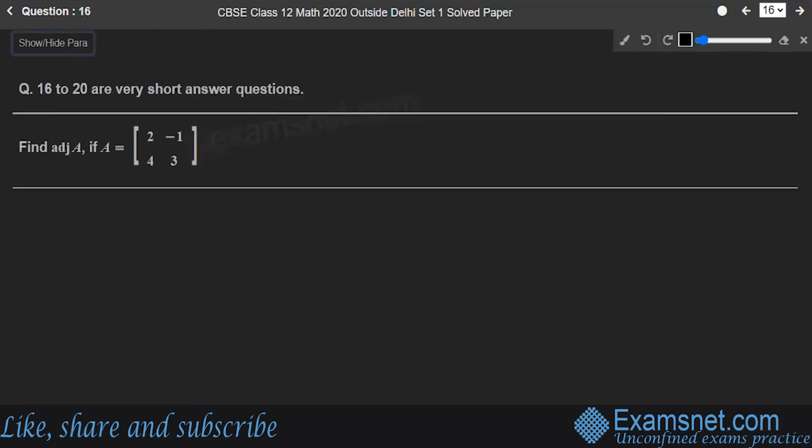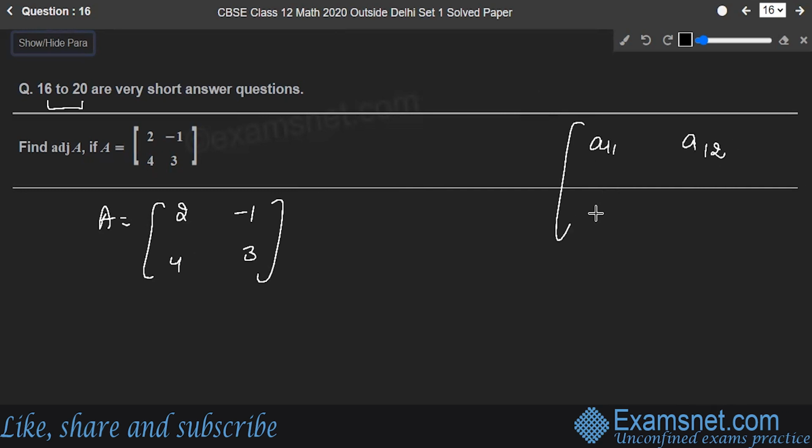Questions number 16 to 20 are very short questions. You have to find out the adjoint of A. A is a square matrix of order 2. For such matrices, finding the adjoint is very easy. See, this is a general one I'm saying: first row first column, first row second column, second row first column, and second row second column.